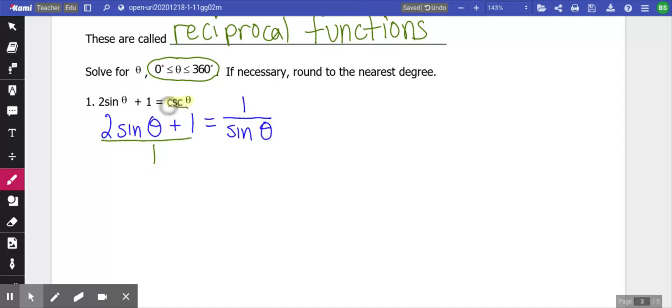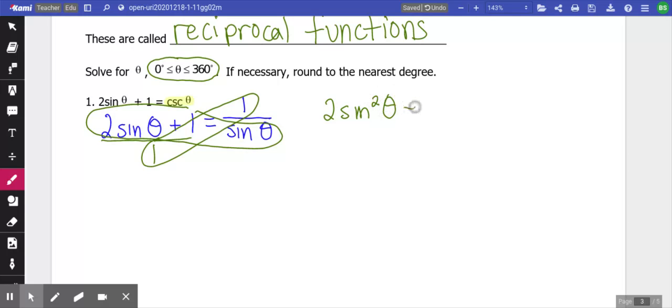If you cross multiply, which I think a lot of you like to do, you'll get 2 sine squared theta plus sine theta equals 1. And then we need to subtract the 1 over.